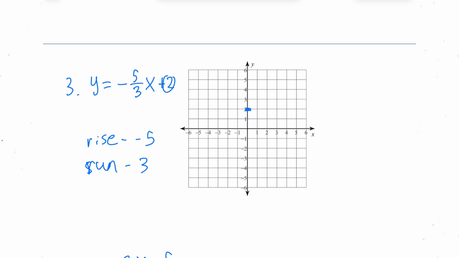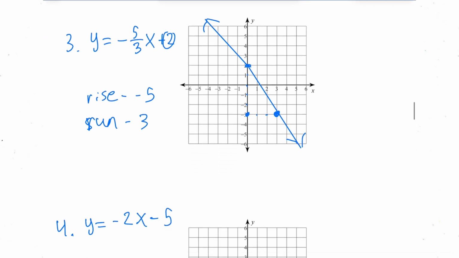So it's 1, 2, 3, 4, 5. We went down 5 times, and then to the right 3 times. 1, 2, 3. So here are our 2 points. Connect those. It did straighten out. So that's it for graph number 3. Negative slope, that just means you're going down instead of up.